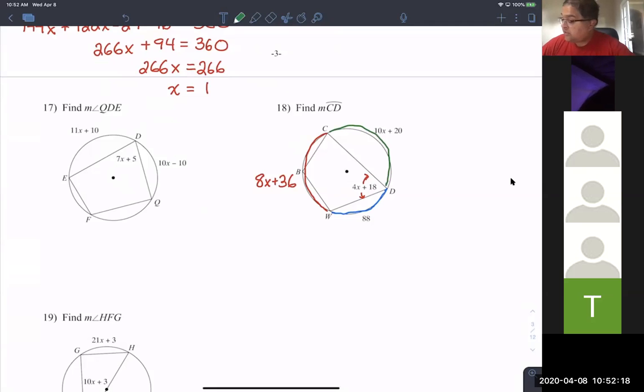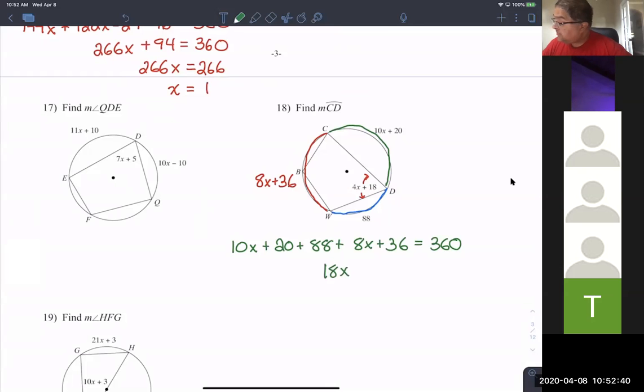What would be my equation? 10x plus 20 plus 88 plus 8x plus 36 equals 360. Okay. Then all you have to do is do your algebra, combine like terms, and 108 plus 36 is what, 144.